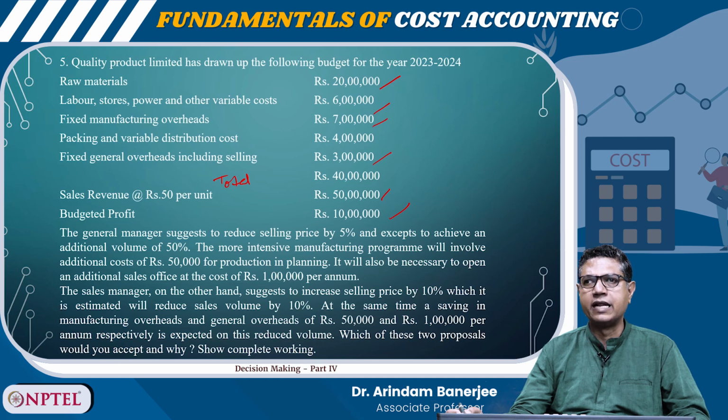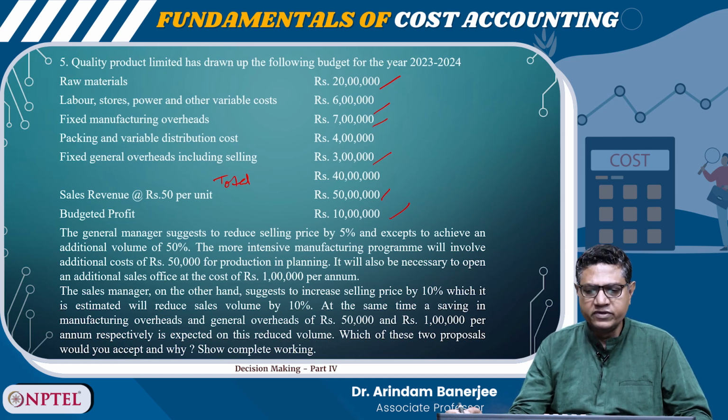So, total is 40 lakh. Sales revenue at rupees 40 per unit is 50 lakh. The budgeted profit is coming 10 lakh, 50 lakh minus 40 lakh. The general manager suggests to reduce the selling price by 5% and to achieve an additional volume of 50%.